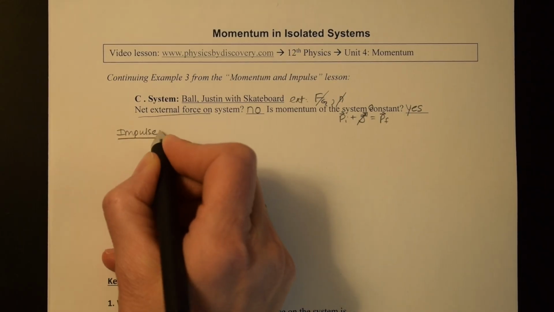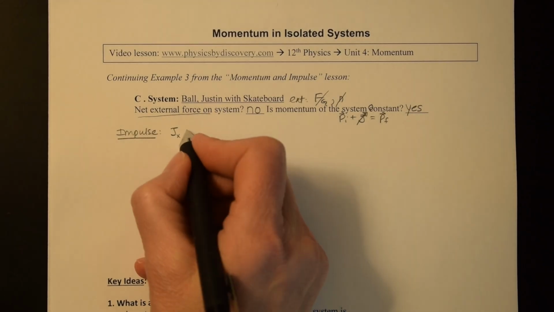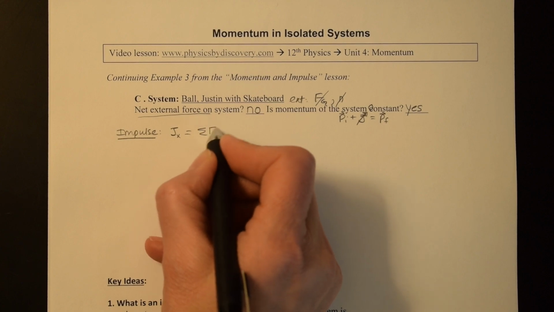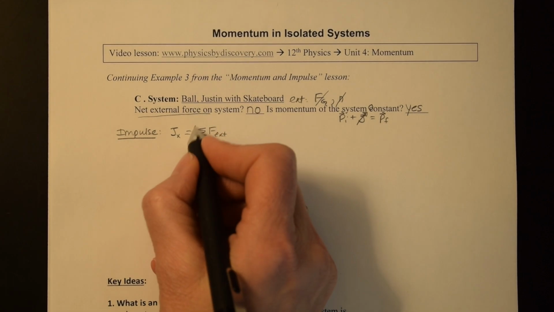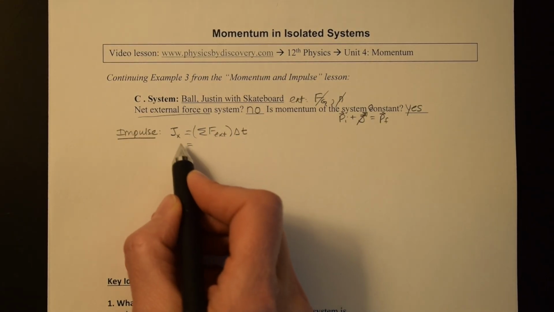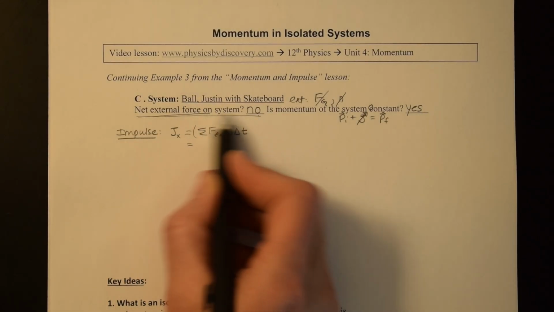So the impulse on the system in the x direction is going to be that net external force. I'm just going to write it this way. It will be an average if it's a force that changes with time, times the time interval. Well, we know that the net external force is 0 because there is none.